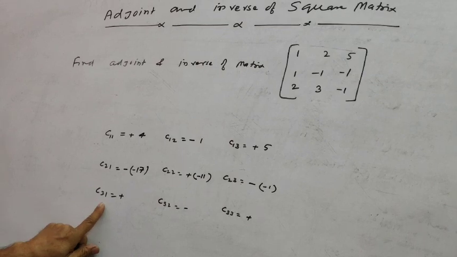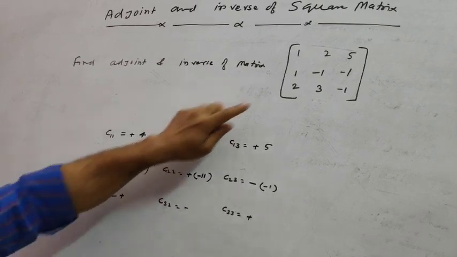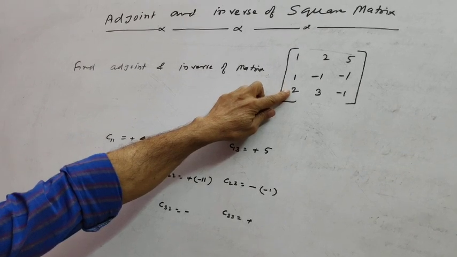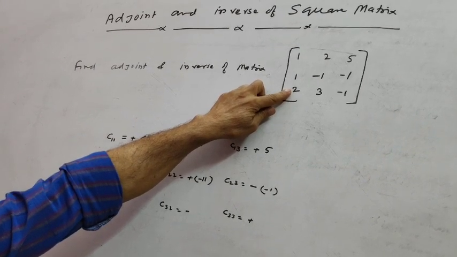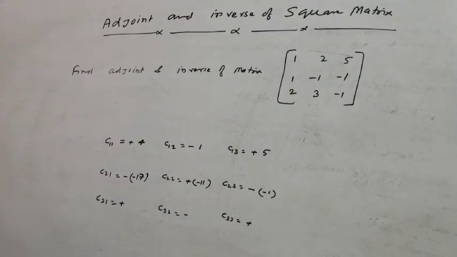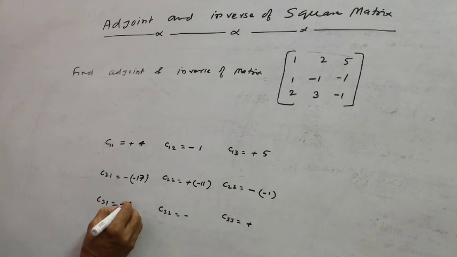Now the cofactor of 3 1. 3 1 means 2. So deleting the first column and third row, the determinant of the remaining will be minus 2 plus 5, which means 3.